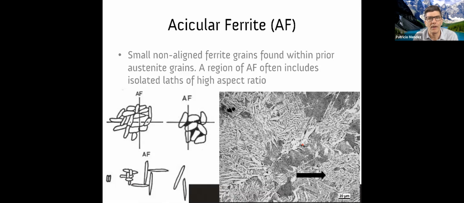Now, I want to discuss a number of microstructures that now involve a process that is not just diffusional, but also, if you remember, is a hybrid of diffusion and displacive, right? A kind of a hybrid between the transformation into ferrite and carbides and martensite.